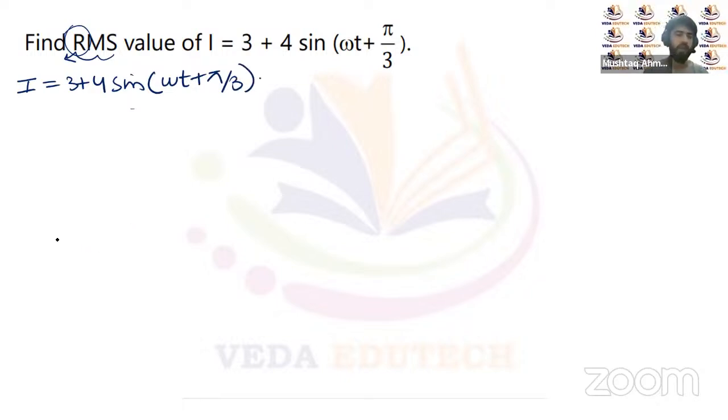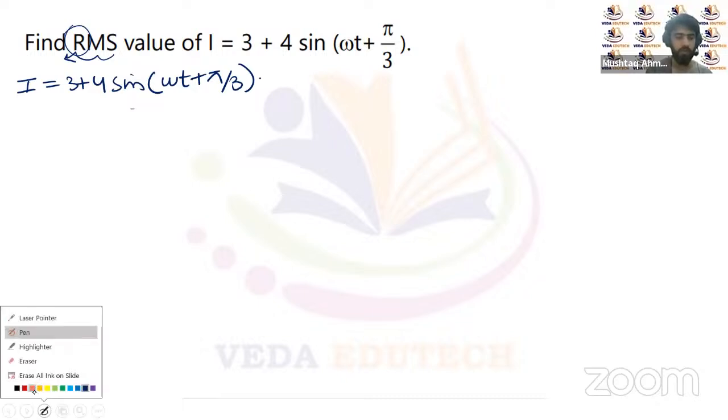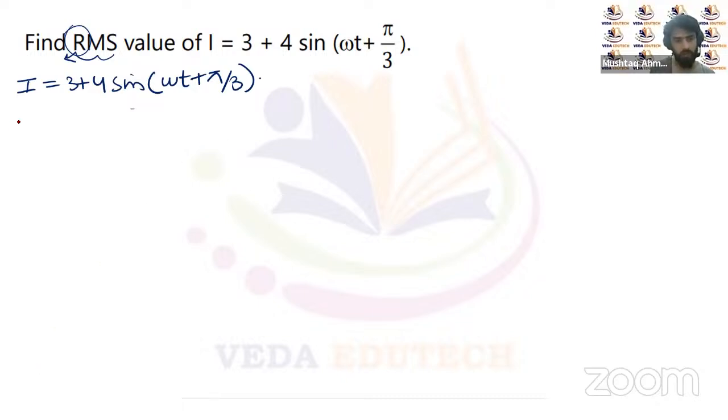So the value of the current here is given as 3 plus 4 sine of omega t plus pi by 3. Now, first of all, we'll square this current. If we square this, it will be 3 plus 4 sine of omega t plus pi by 3, whole square. So we'll just expand it.